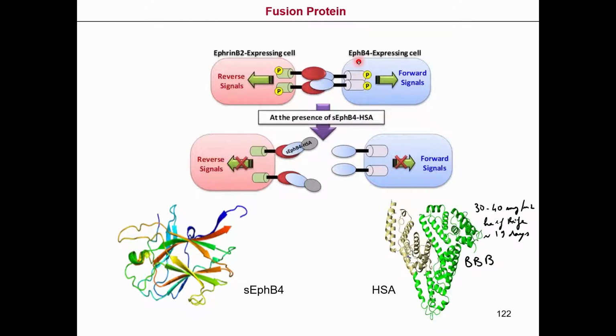So an effective antagonist of this is the soluble part of this receptor, called SEPHB4. This soluble part, the smaller protein, can interact with ephrin B2, and so it will inhibit tumor growth in some models.